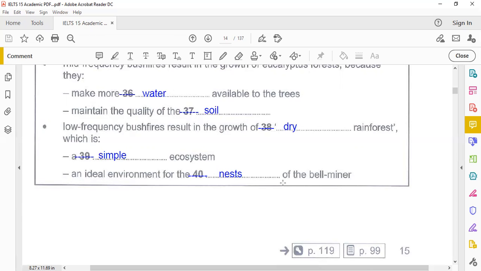If they say write 1 word, write 1 word, not 2 or 3. And if they say no more than 2 words, then don't write more than 2. You may write 1, you may write 2, but not more than 2. And nowhere you will have to write more than 3. 3 words is the maximum limit.